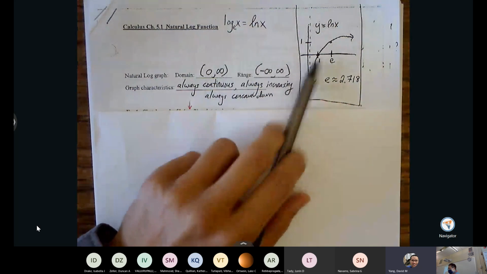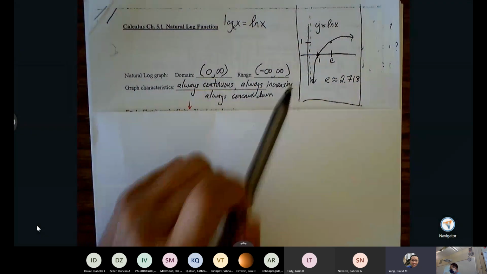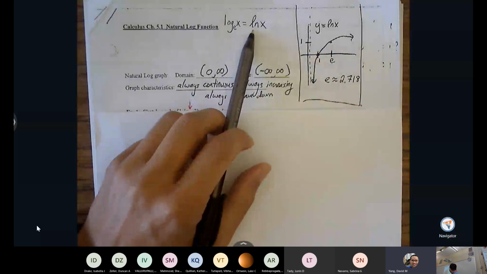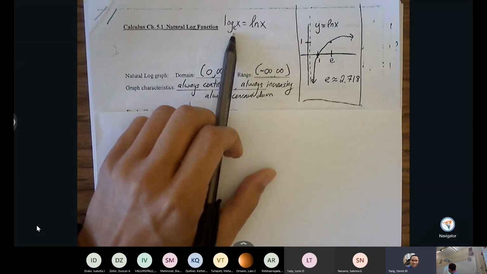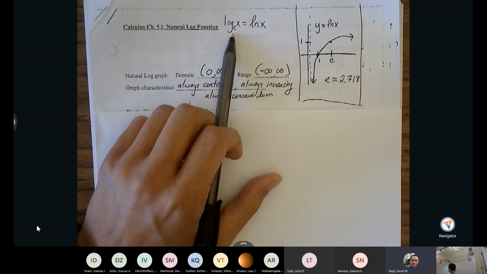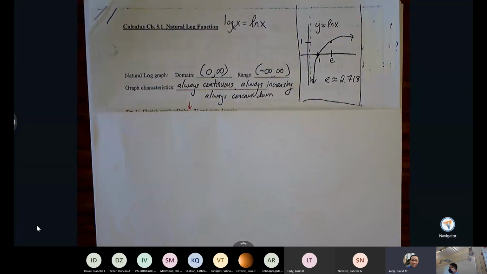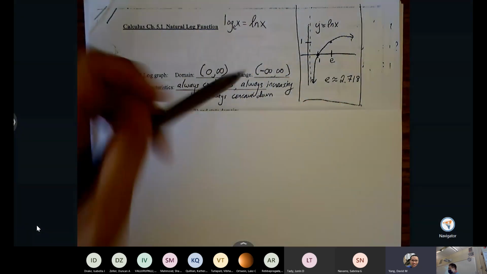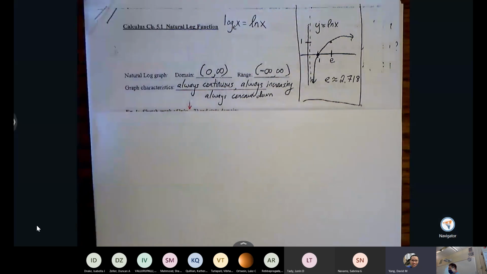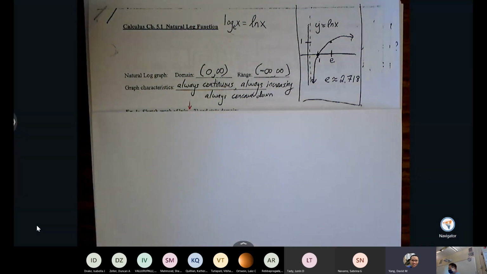There's some nice features about base e that allow the derivative to come out nice and clean. We are going to talk about logs of other bases like base 2, base 3, base 5, but they're all built on top of this function, this natural log. So that's why we start with this.